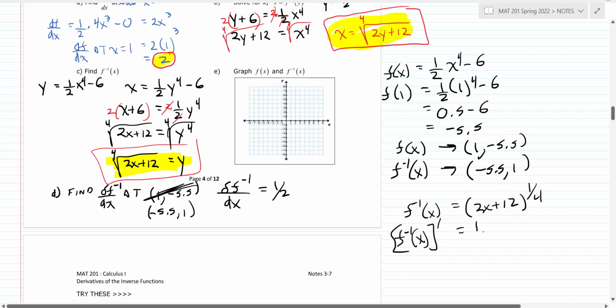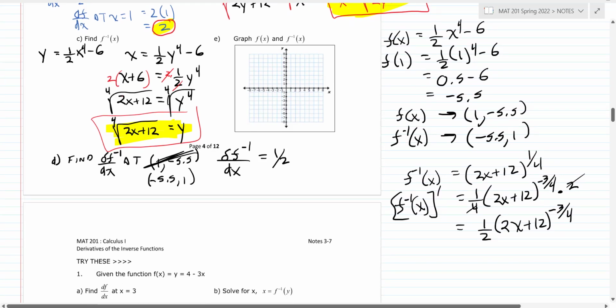So we have 1/4 times 2x plus 12 to the negative 3/4 power times the derivative of what's inside, which is 2. That's a chain rule. So you could reduce 2/4 to 1/2. So we'd have 1/2 times 2x plus 12 to the negative 3/4, like this.